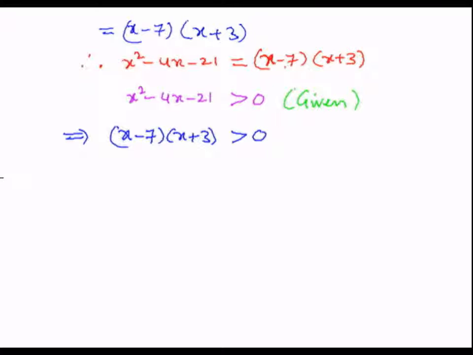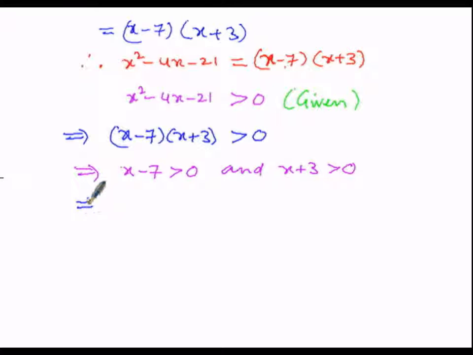So x minus 7 will be greater than 0 and x plus 3, the second factor, also will be greater than 0. In case it is a less than symbol, one will be lesser than and one will be greater than. Since it is greater than, both the factors will be greater than zero. Then, in order to find the x value, we are going to solve the inequalities for x.